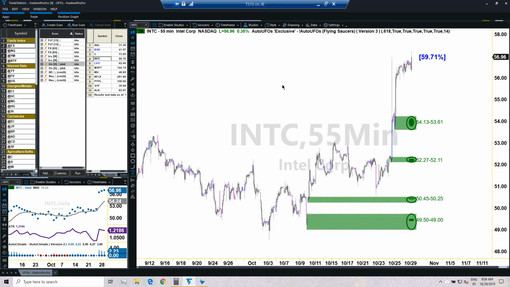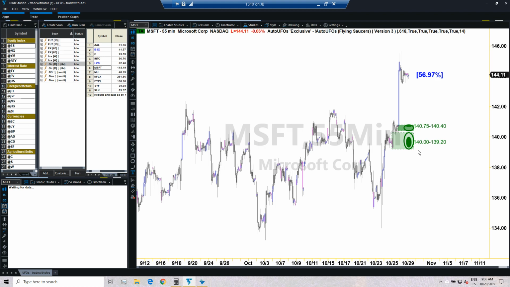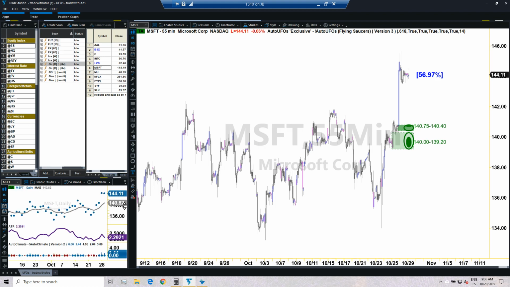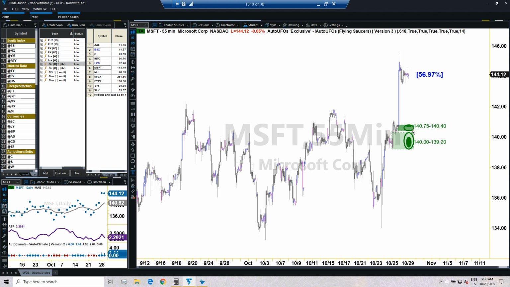Cool. Okay, so next one we said was Microsoft. Let's see what's going on with Microsoft. So Microsoft has an updated average of 140.82. So yes, as expected, the top part of this UFO is 140.80. Fantastic. Very, very nice opportunity.